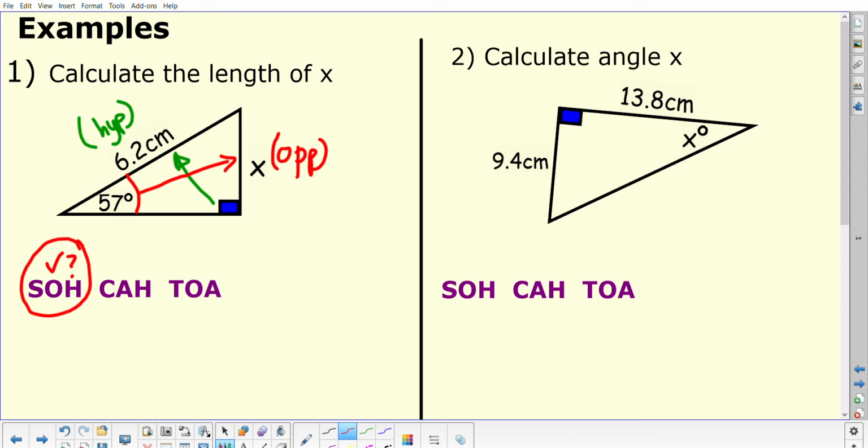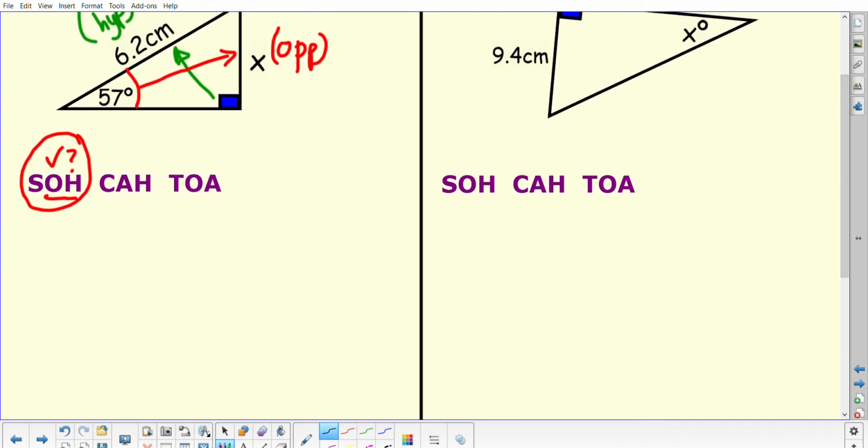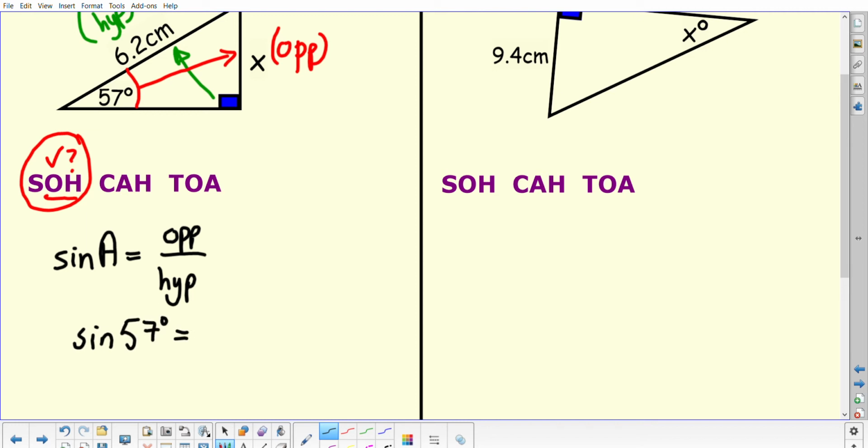What I'd write down is my formula that says sine of the angle, capital A for angle, equals opposite over your hypotenuse. And then my angle is 57, so sine 57 equals my opposite side, that's the x, over the hypotenuse, which is the 6.2.